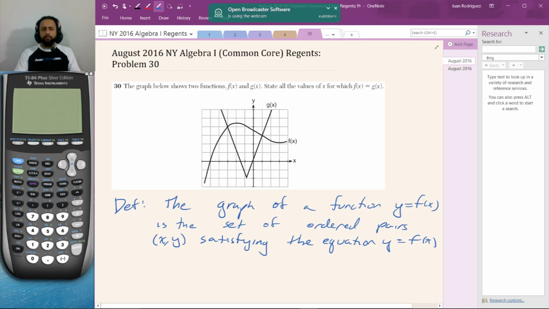Meaning what? Meaning if the point is on the graph, then that x and y pair satisfies the equation.